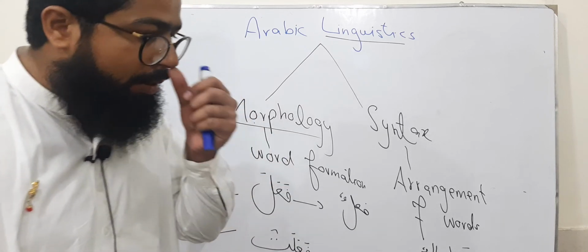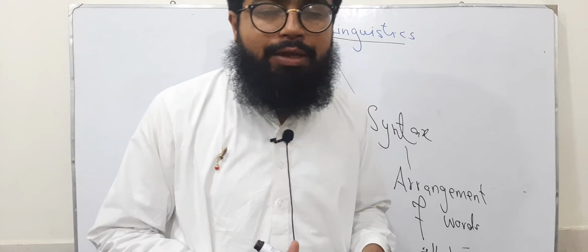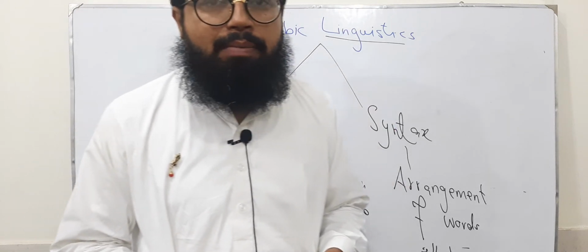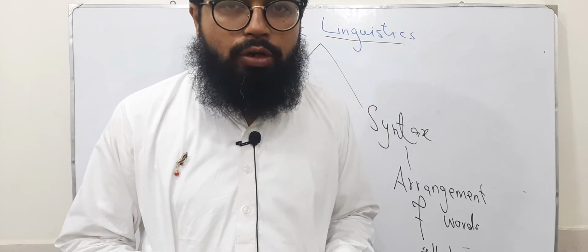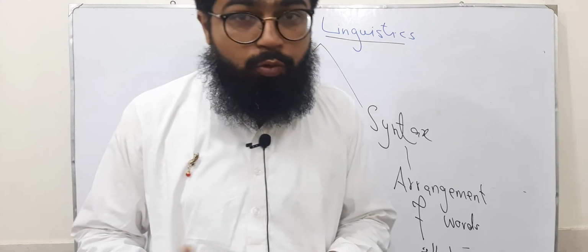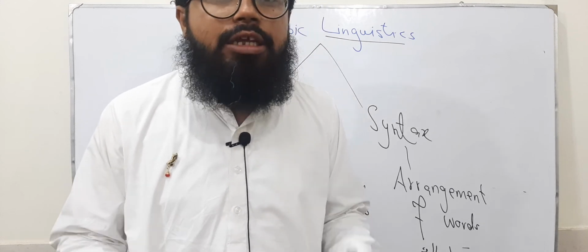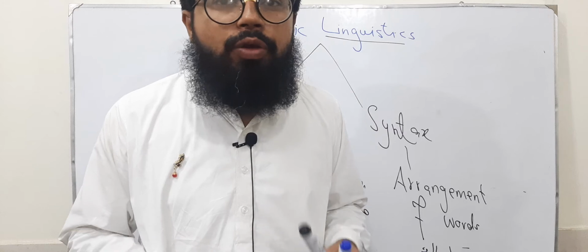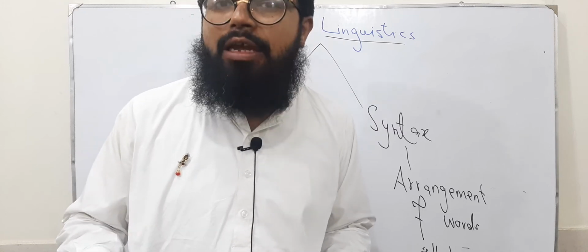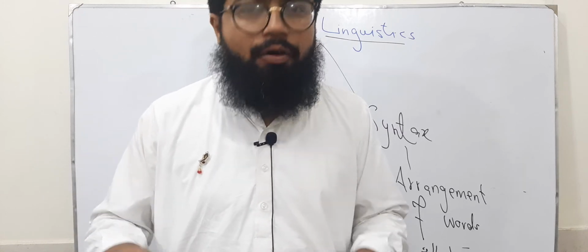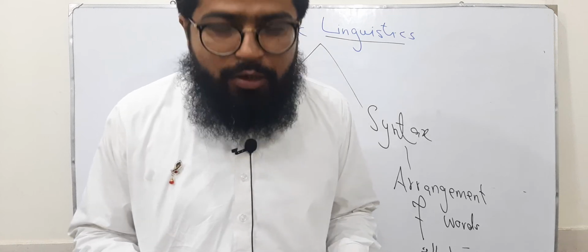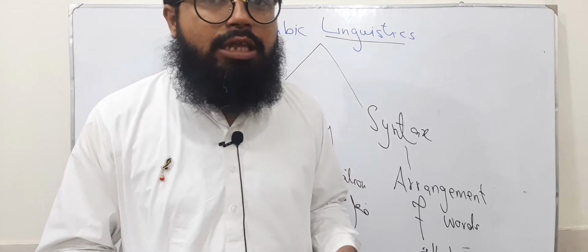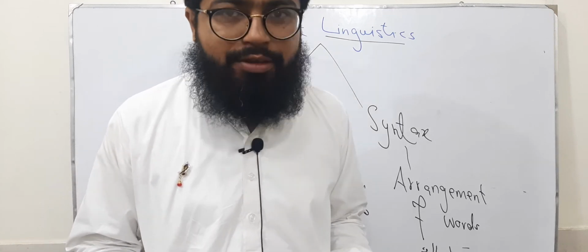Like you cannot say in the English language, am scholar I. It would be wrong. It means in each and every language we keep in mind a specific and particular arrangement of words. When we arrange the words, we make a complete sentence.